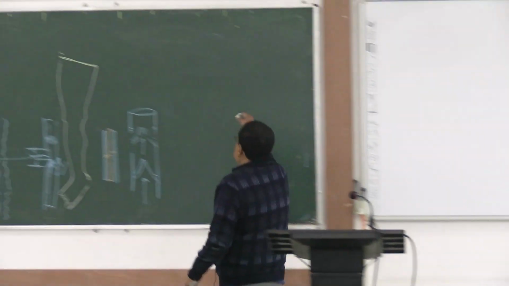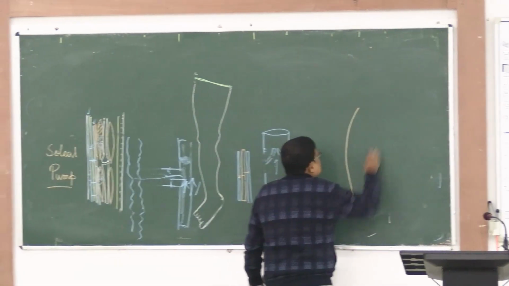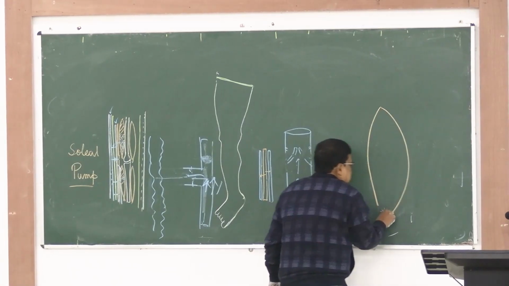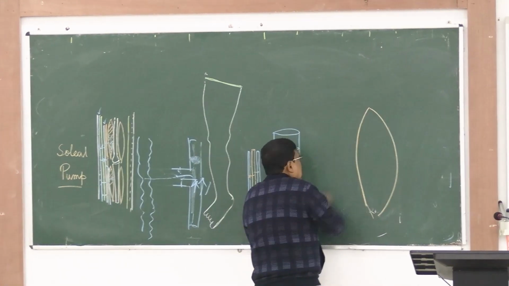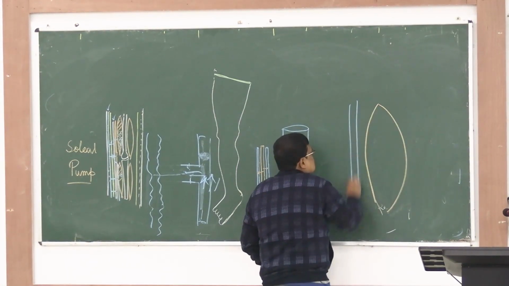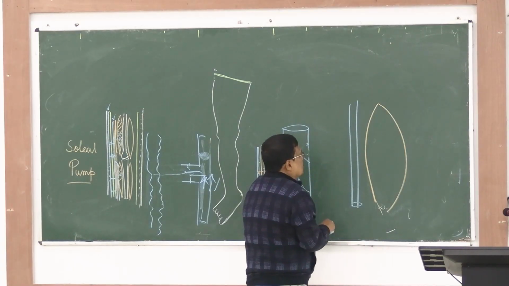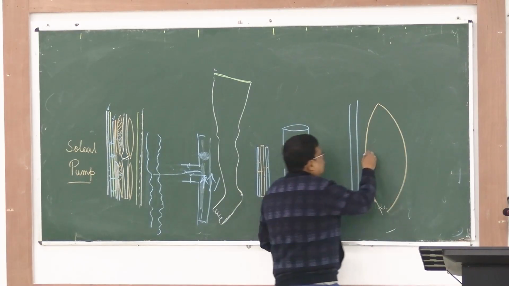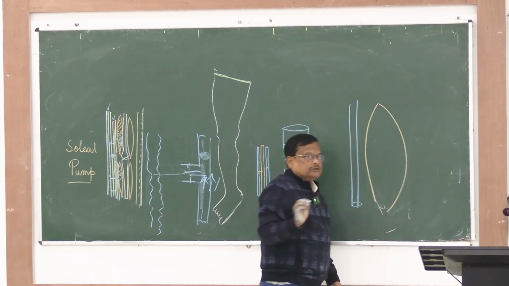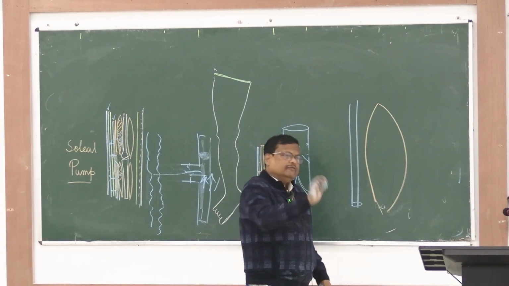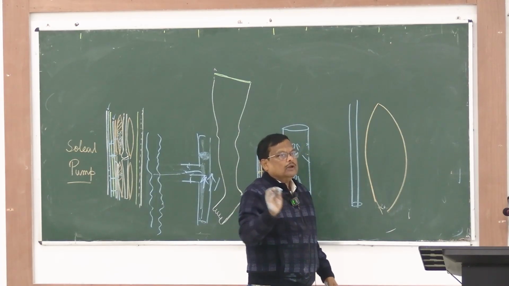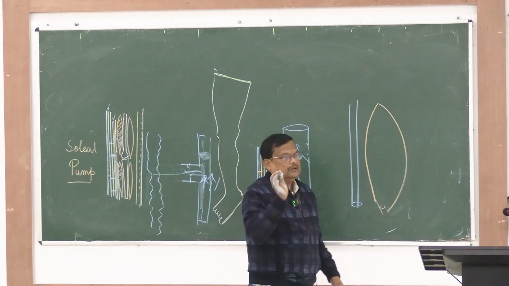Soleus is a muscle. Suppose this is the muscle. This is the deep veins. Within the muscle, every muscle, there are arteries, small arterioles and veins present. I am not drawing the artery.